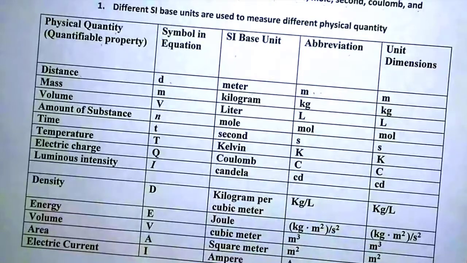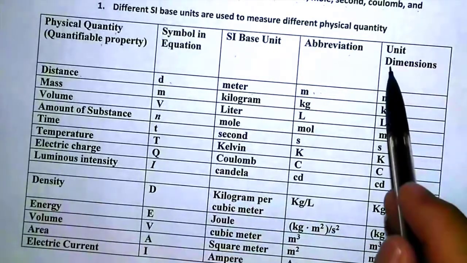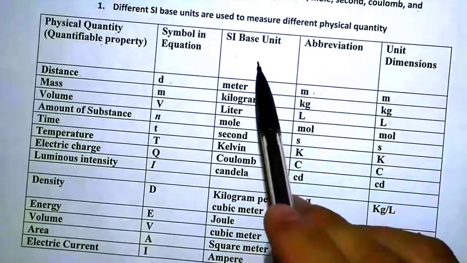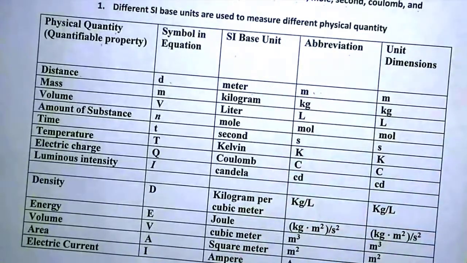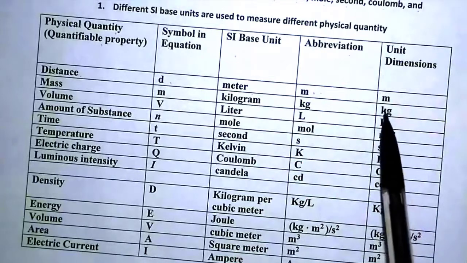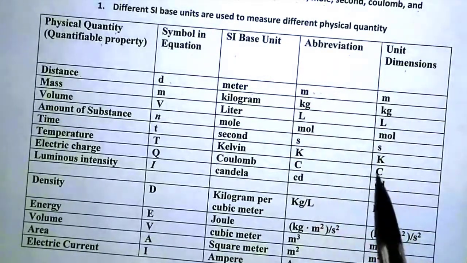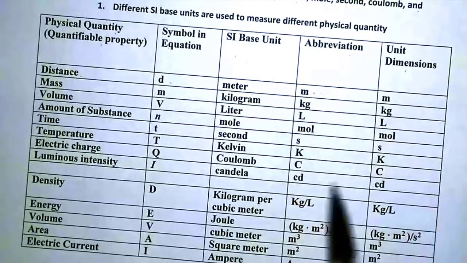That would take too much time. Then of course we have the dimension of the unit. Since the SI base units are the fundamental units of the SI system, you would expect the dimension to be the same as the abbreviation throughout, and of course they are the same throughout.